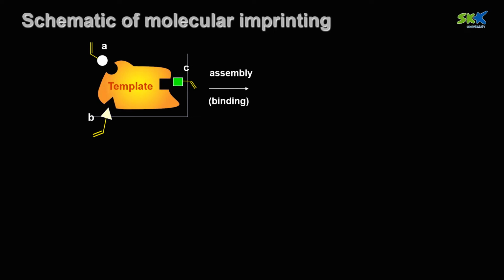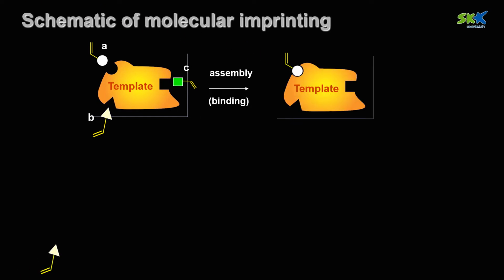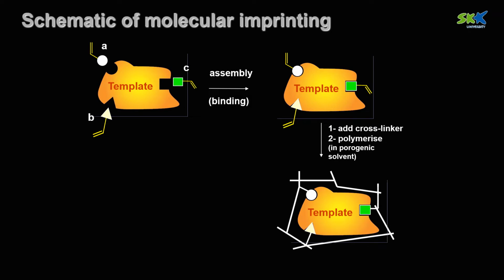Then we make a complex, or binding, between the monomers and the template. After binding, we can cross-link these monomers with a specific cross-linker and carry out polymerization in a specific porogenic solvent. Then we get the molecularly imprinted polymer around the template.